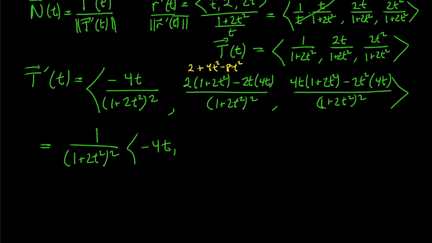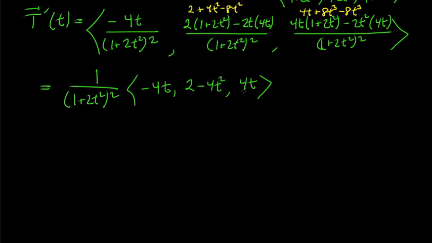So that's just 2 minus 4t squared. And then here we're going to get 4t plus 8t cubed minus 8t cubed. So that's just 4t. And there you have it.